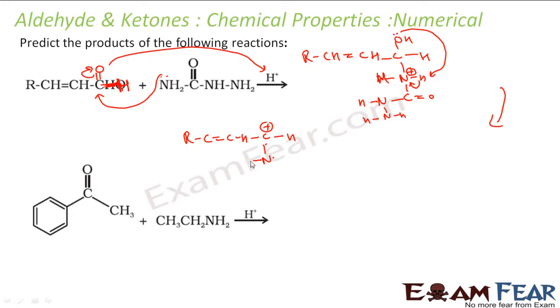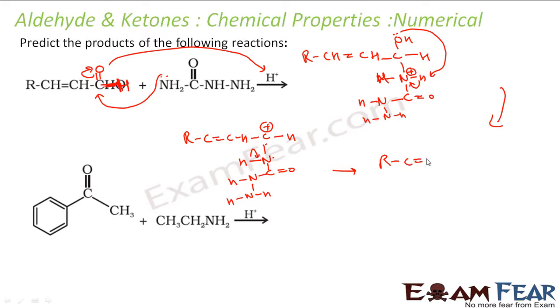This is H, this is C double bond O, NH, NH, H. This is what you get here. Correct. Now, if this hydrogen leaves, it will form a double bond. That is pretty good. So it will ask this hydrogen to leave. Nitrogen gets a negative charge, negative and positive charge forms a bond, and you get this double bond here.